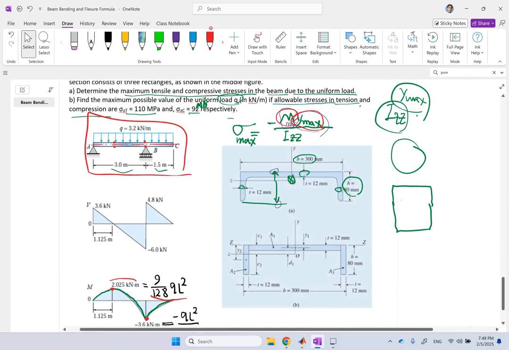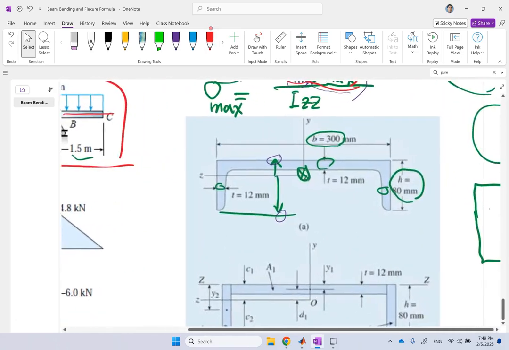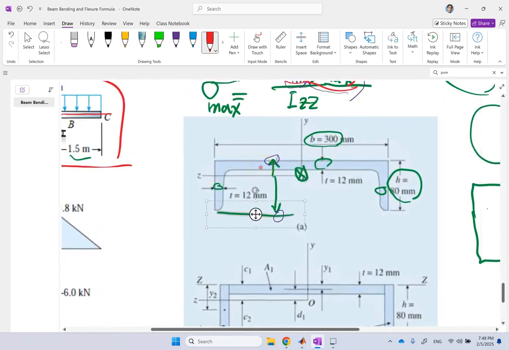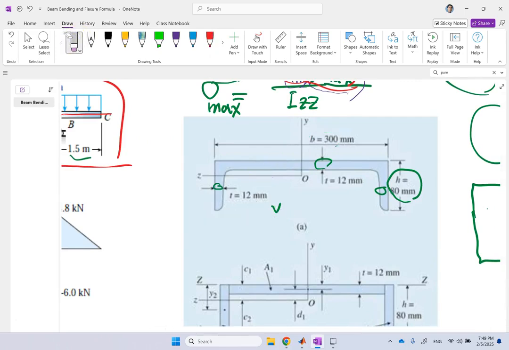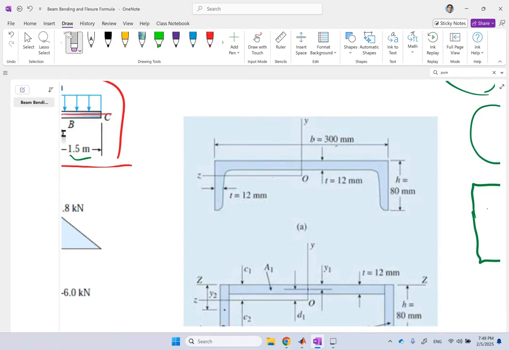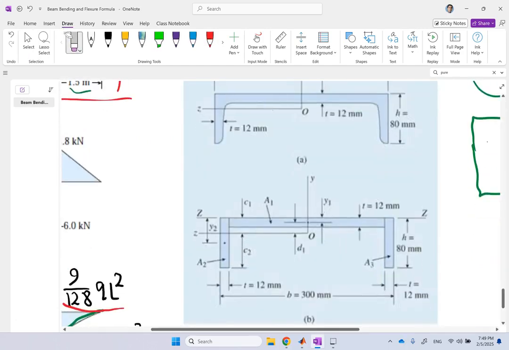But there are four critical spots that I have to check to see which one will determine the failure. So the first thing I need to do is to look at the centroid of this. And for the centroid of that, if you just break it down into three rectangles, like this bottom picture, and neglect these fillets, then you'll find the centroid, and I'm not going to do the calculations for that.